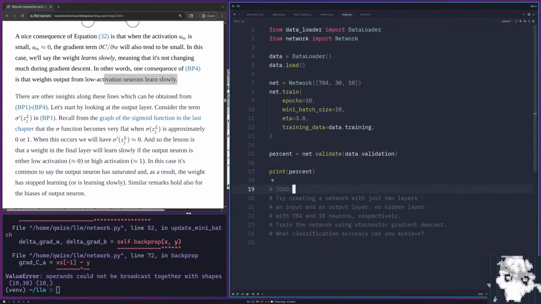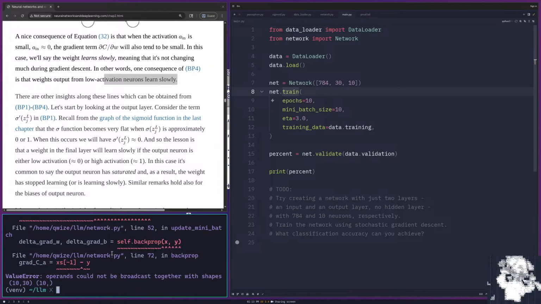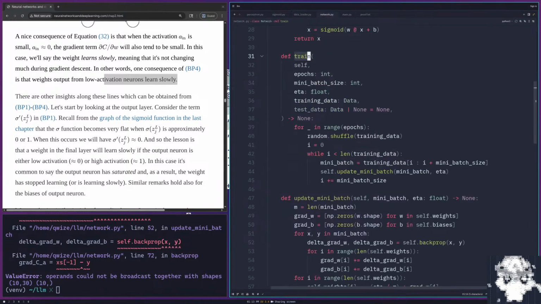I'm not sure how it could end up without the right shape. This is during training. We're not using test data, we're just using training data.